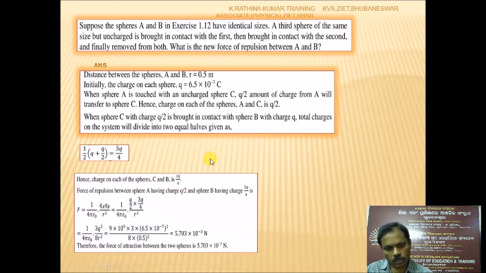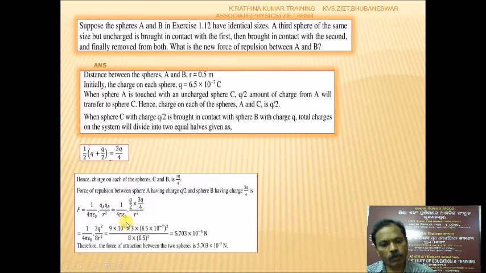And charge on each sphere C and B is 3Q by 4. So force of repulsion between sphere A having the charge Q by 2 and sphere B having the charge 3Q by 4 is, on substituting the values, 1 by 4 pi epsilon naught QA QB by r square.